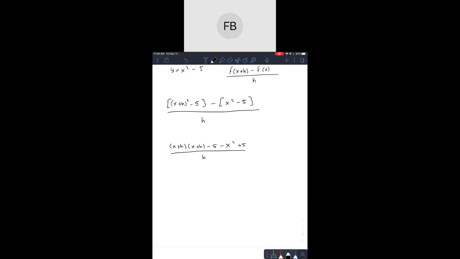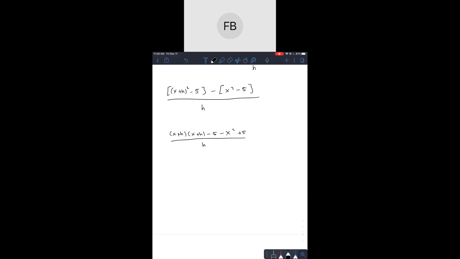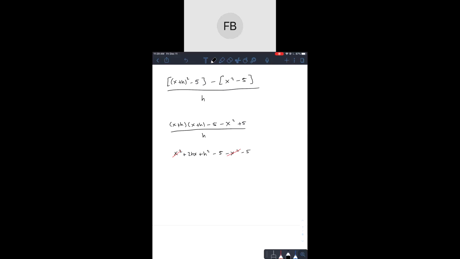So basically we're going to get an x squared plus 2hx plus h squared minus 5 minus x squared minus 5. And you'll notice that we have two x squareds, one over here, one over here. One's positive, one's negative, so it's perfect. And what else? Oops, this is over h.